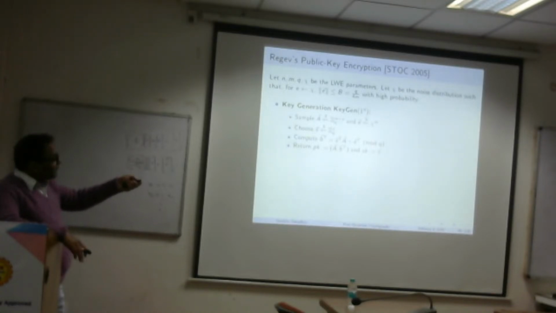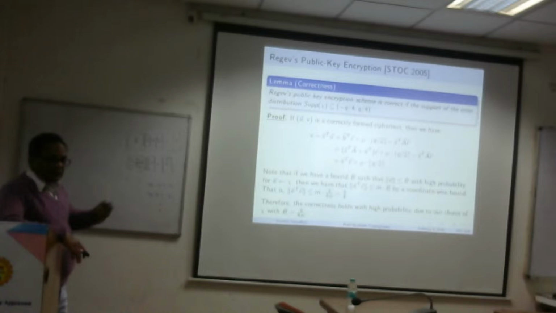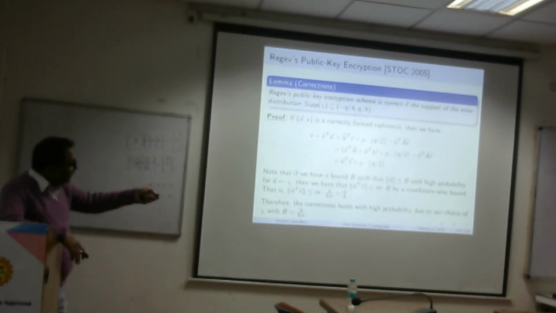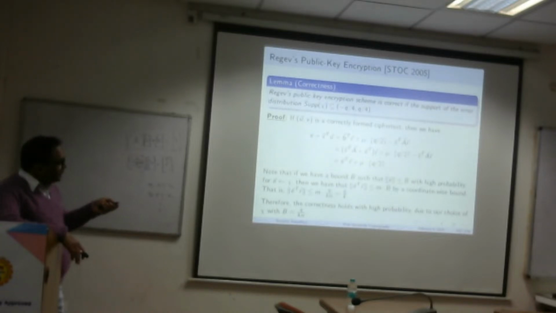B was S times A plus E. So I will replace B here as S times A plus E, multiplied by R, plus this, minus this. Now notice that S transpose AR is here as well as with a minus here, so they will cancel out. What will you be left with? You will be left with E times R plus mu times Q by 2.